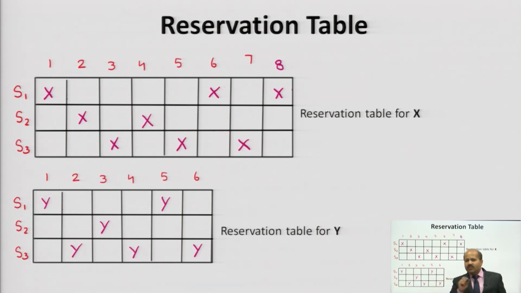So, only S1 will produce the output of X. So, ultimately this will finish on S1. In between we can jump back or forward, it depends.